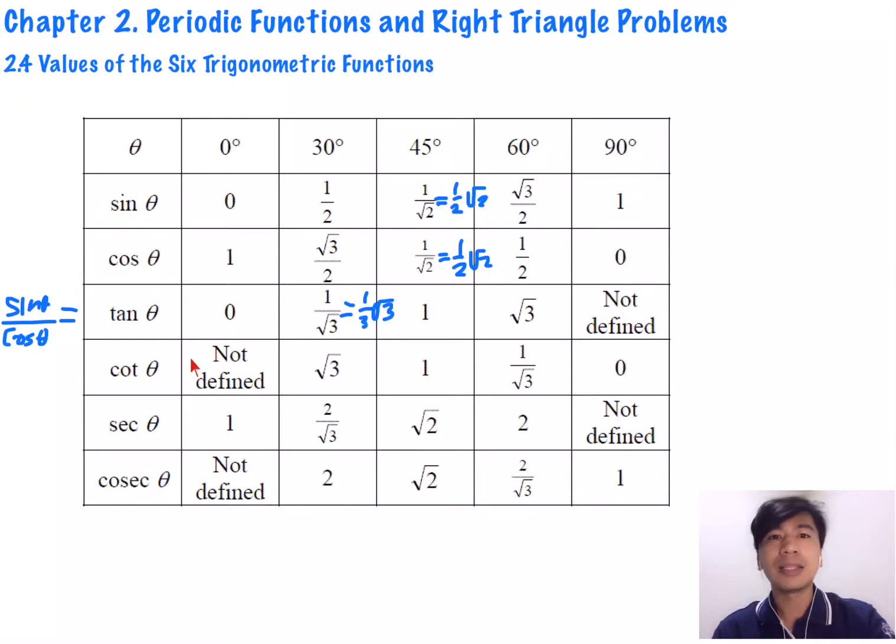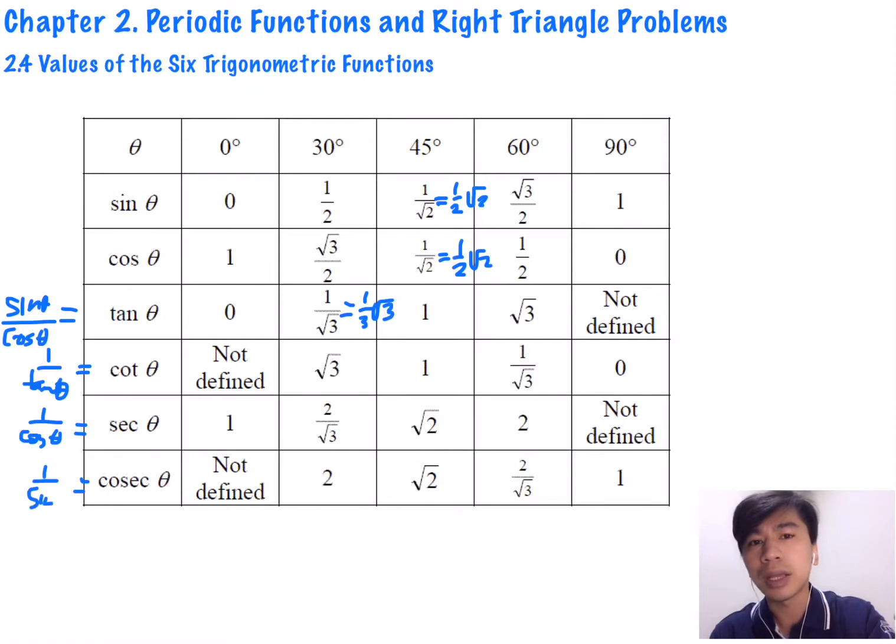Okay, and the other 3 over here are just the reciprocals. Cotangent is the reciprocal of tangent theta, and then secant is the reciprocal of cosine theta, and cosecant will be the reciprocal of sine theta.